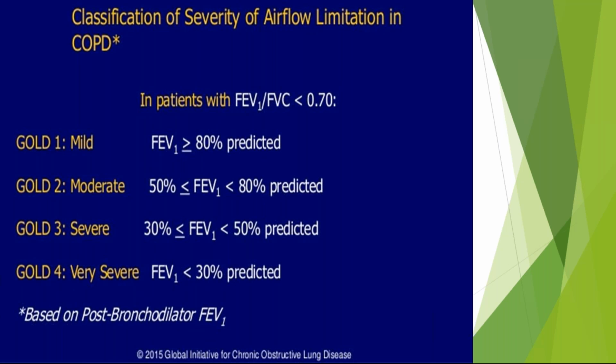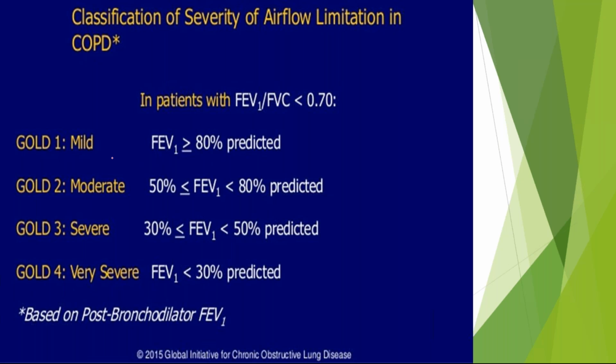This is the classification based on severity of airflow limitation in COPD. In patients with COPD, the FEV1 by FVC ratio will be less than 0.7. The severity is based on GOLD guidelines, where it is classified into four categories. In mild, the FEV1 will be more than 80%.